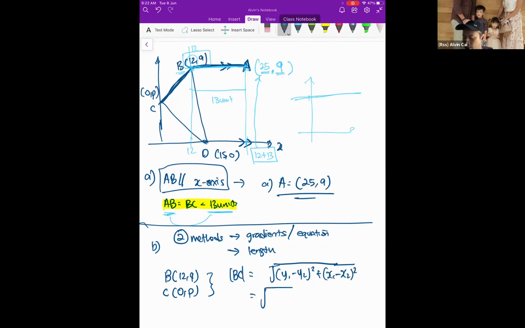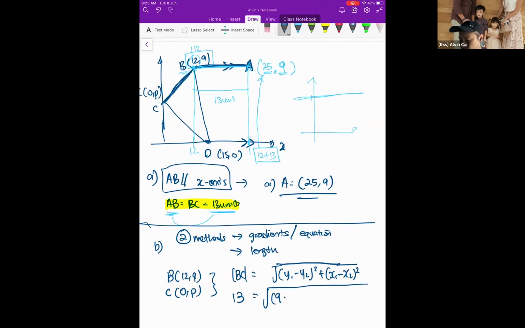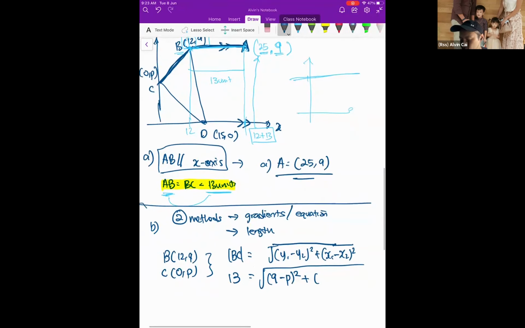So we just plug in the values and the length must be 13. Okay, so therefore over here y1 will be 9 minus p squared plus x will be 12 minus 0 squared.